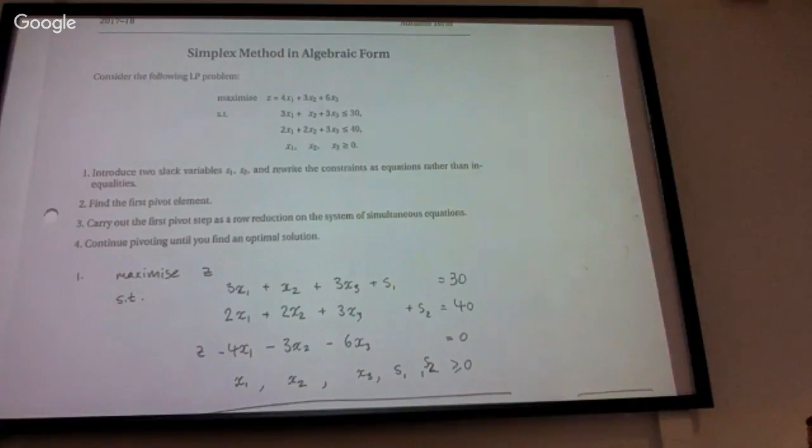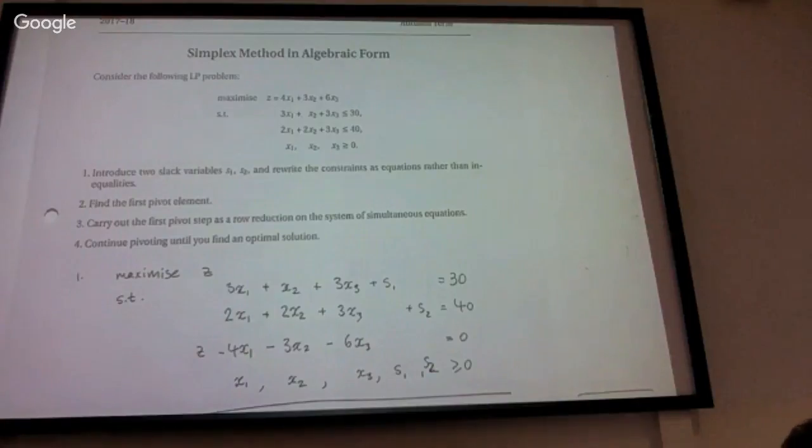It's not at all different to what we were doing last week. When you're doing the simplex method, you look at all the constraints, and each constraint gets its own slack variable, which I've called S1 and S2 over here. Each of the inequalities with the slack variable is translated into an equation.